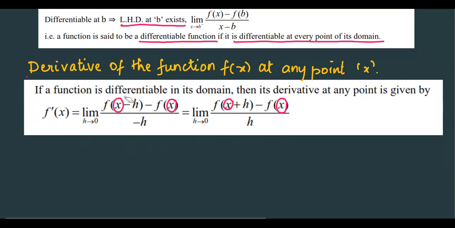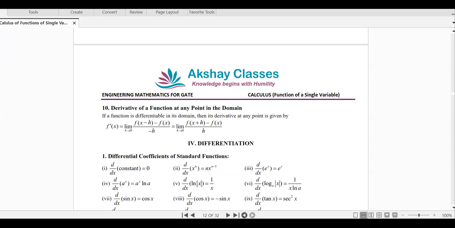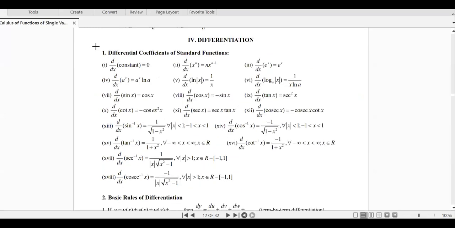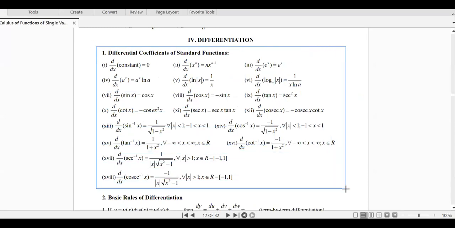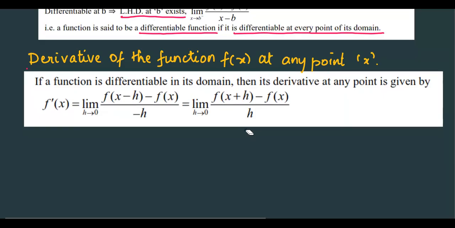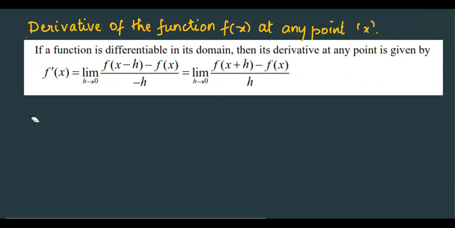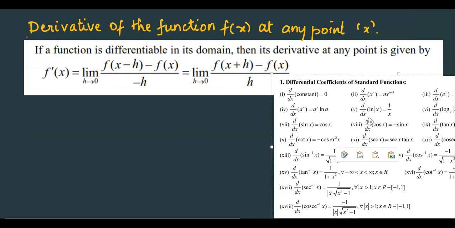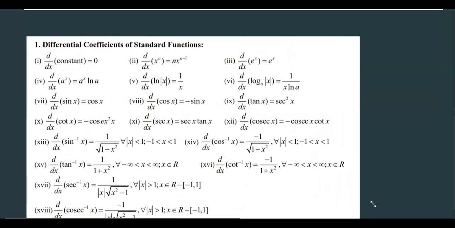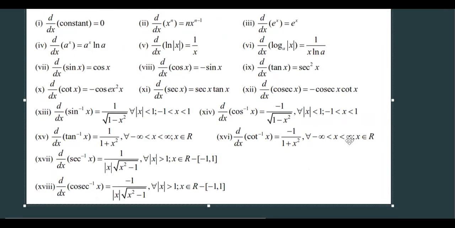We have replaced a with the general variable x, and we made h tend to 0, so we get f dash x, and this is how we get the value of the derivatives of all the functions from this fundamental derivation, or we call it differentiation from first principles. All these formulas we obtain.